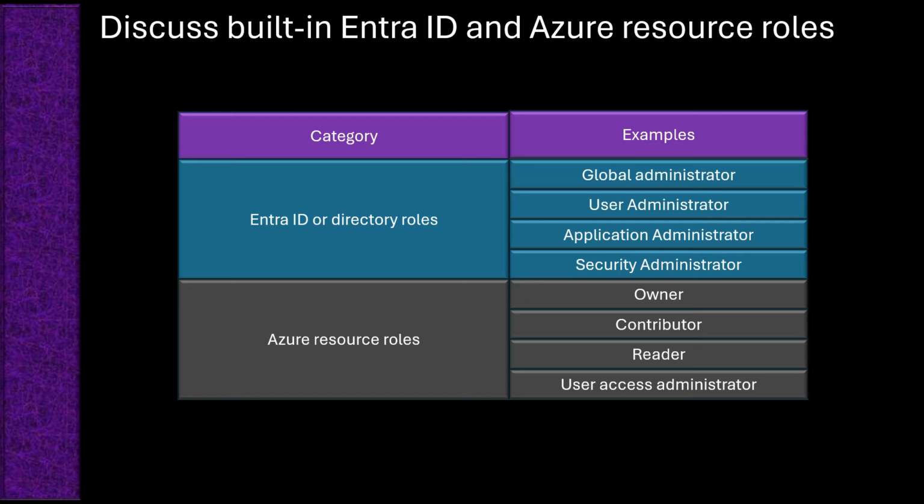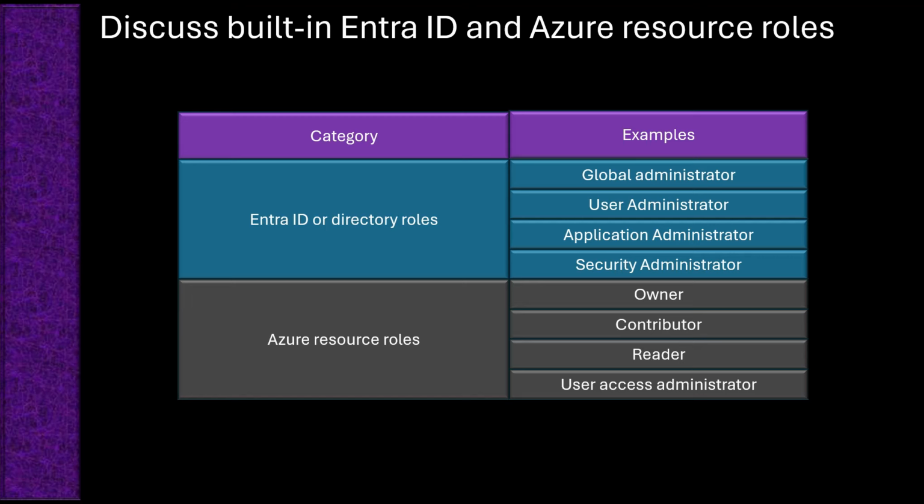In summary, Entra ID roles focus on managing identities and access within the Entra ID service. These Entra ID roles ensure users have appropriate permissions for identity-related tasks, whereas Azure RBAC or resource roles focus on managing access to Azure resources and let you control what users can do with various resources.